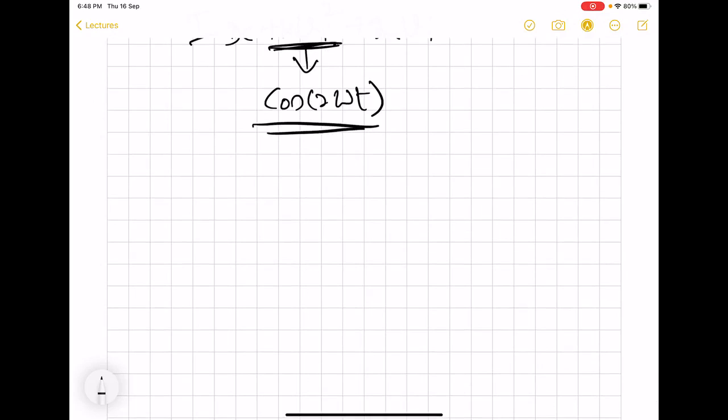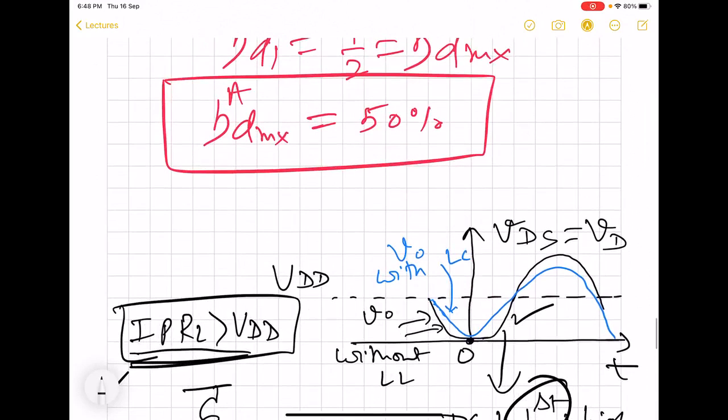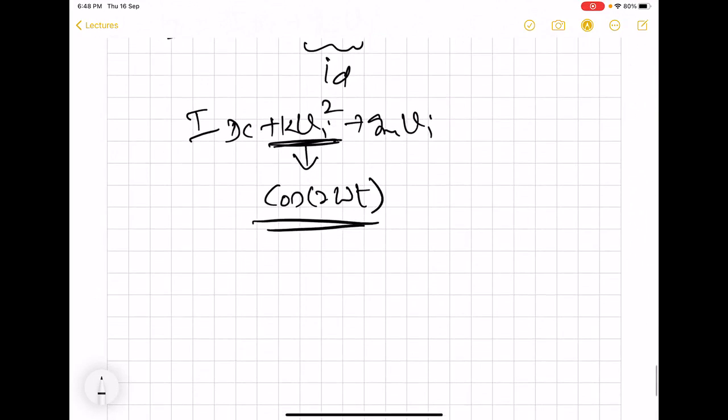So what we found is that the maximum efficiency for class A that can be obtained is equal to 50%. But to attain this maximum efficiency, we will have to choose a suitable value of eta D max.